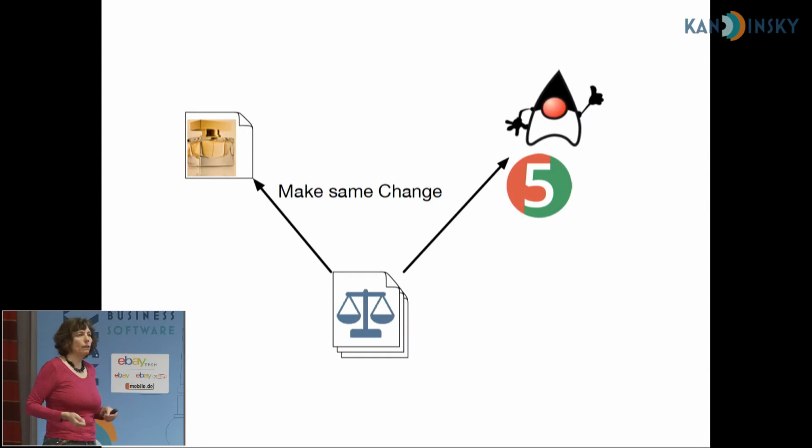Initially, it would make the same change on both sides, and then it would ask the same question on both sides, and then ideally it should get back the same answer, right? So that's our hypothesis. If we ask the same question and we make the same change, then we get the same answer. And we want to establish whether this holds true.